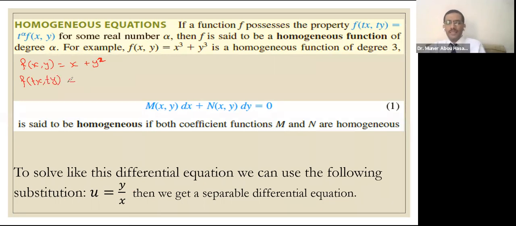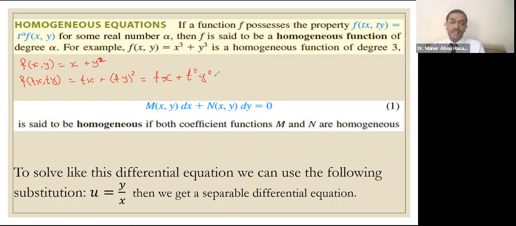So I'm going to substitute every x by tx and every y by ty. So this x will be tx plus this y will be ty, all squared, equal tx plus t squared y squared.